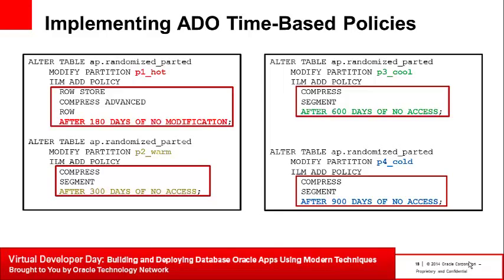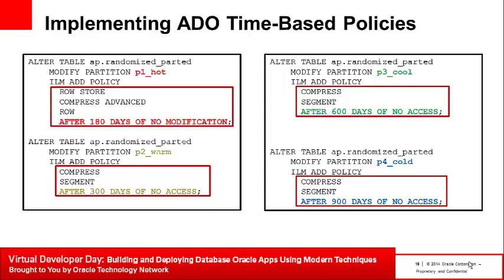The other three policies, you'll note, are using simple basic compression. That's what compress means in 12c. If this were an Exadata environment, I could be utilizing also hybrid columnar compression, either warehouse or archive high or low compression, as it might make sense.